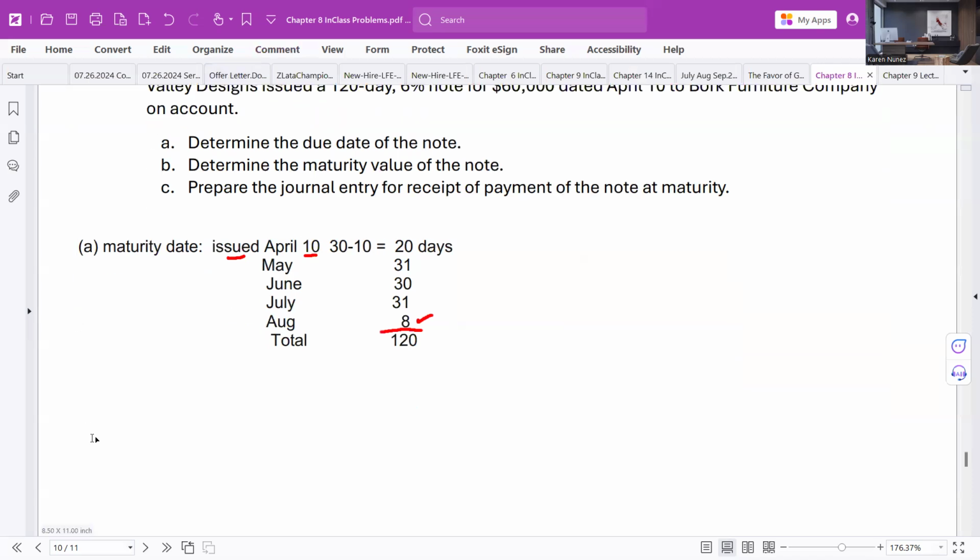And the maturity value. The maturity value of this note equals the face amount plus the interest.